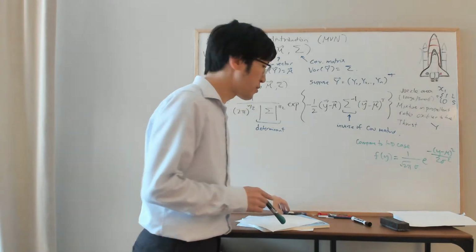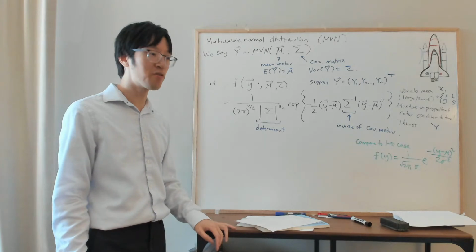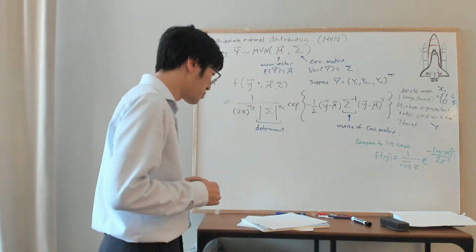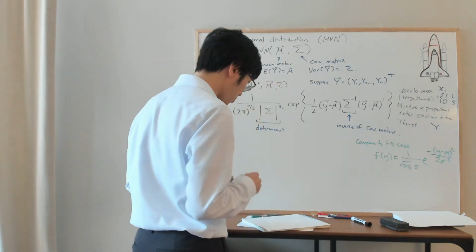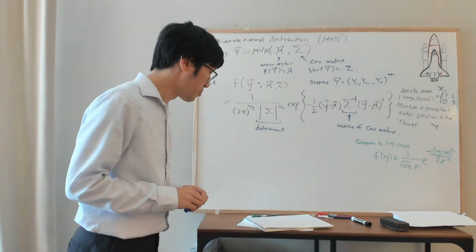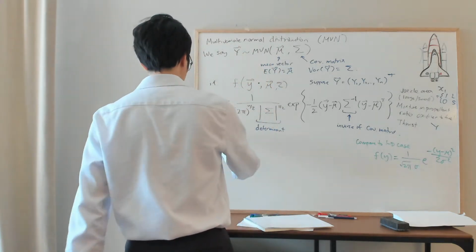So in fact, a lot of the properties that we would expect a normal distribution to have also apply to the multivariate normal. I'm going to end today by running through those properties, and then we're going to pick up on estimation next time. So, properties.